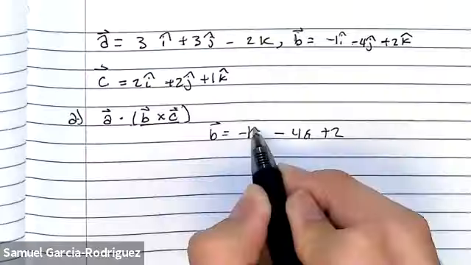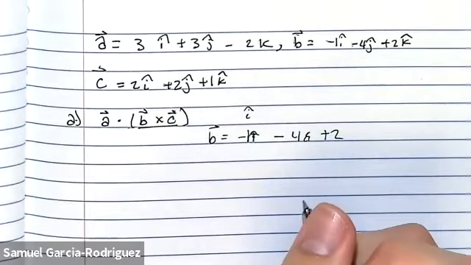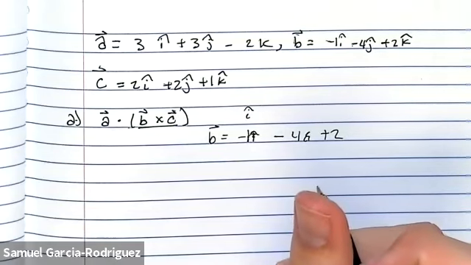Well, I guess it's B and C, because once you put B, right below that you would put the I, J, and K of C. Okay.